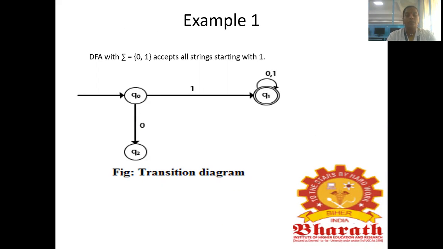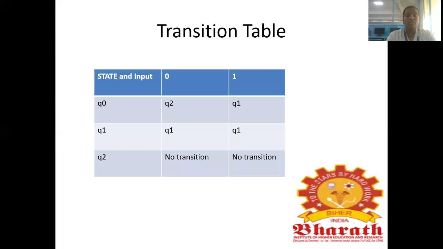Then you draw the transition diagram using the 5 tuples. Once you finish the transition diagram, next you draw the transition table based on your transition diagram. So these are three important things for finite automata machines.